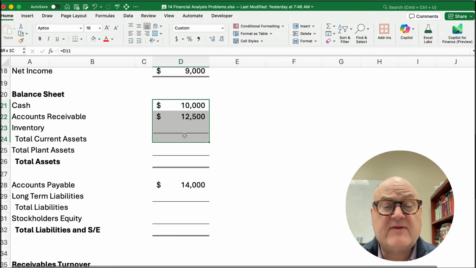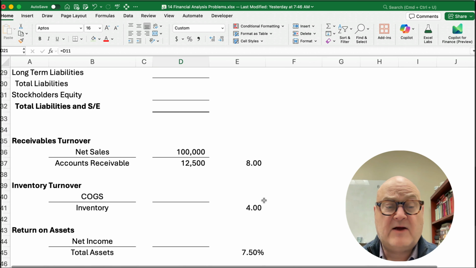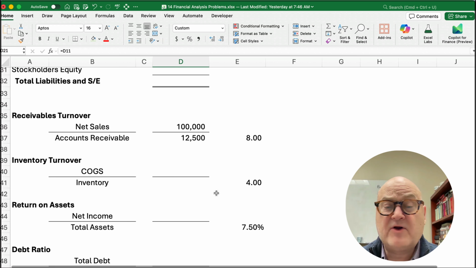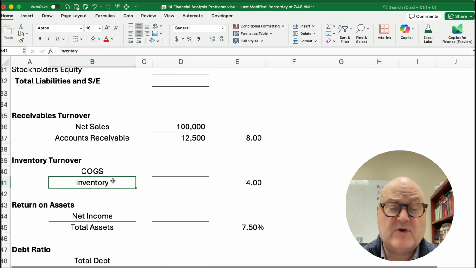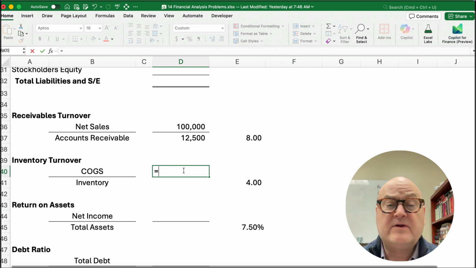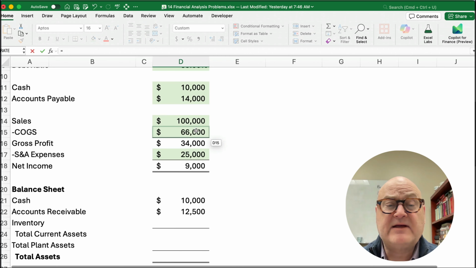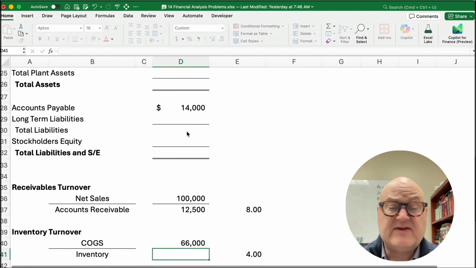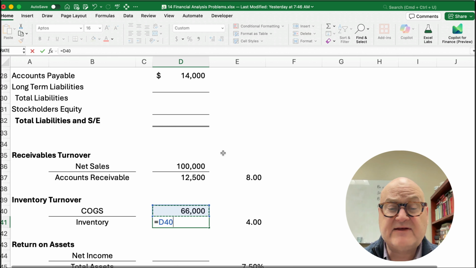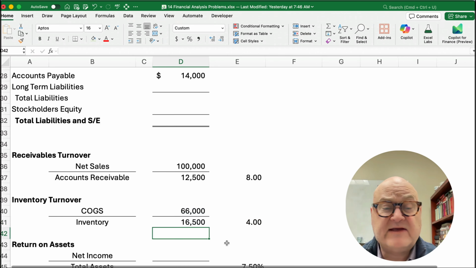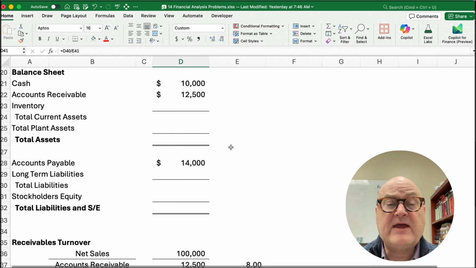We need to know inventory, and then we can calculate total current assets, right? The next thing we know is the inventory turnover is 4, and it's made up of cost of goods sold divided by inventory. We know our cost of goods sold, it's given on the income statement: 66,000. So we take 66,000 divided by 4, and we get 16,500 as our inventory.